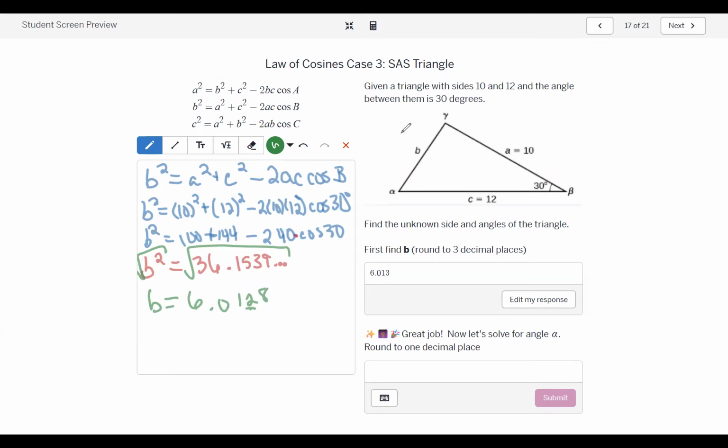We could use law of cosines. The cosine calculation to find an angle is just a little bit bigger than the law of sines calculation, but both will work.